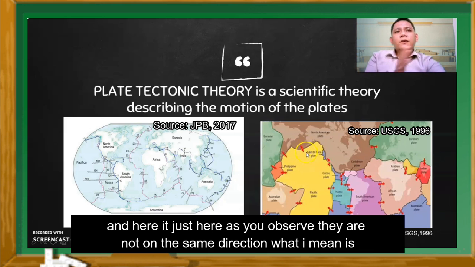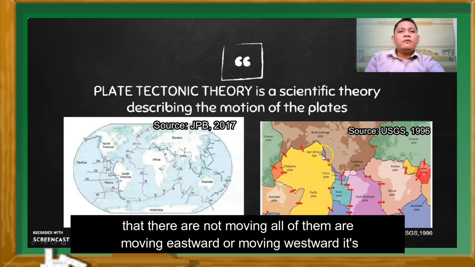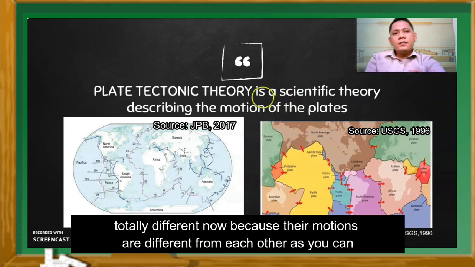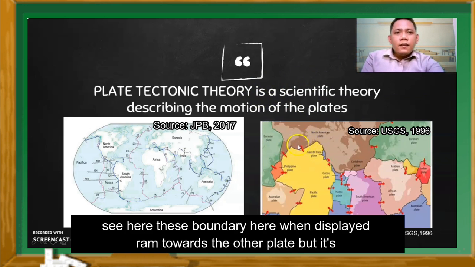They are not in the same direction. What I mean is that they're not all moving eastward or westward. It's totally different. Because their motions differ from each other, as you can see at this boundary here, this plate rams towards the other plate.